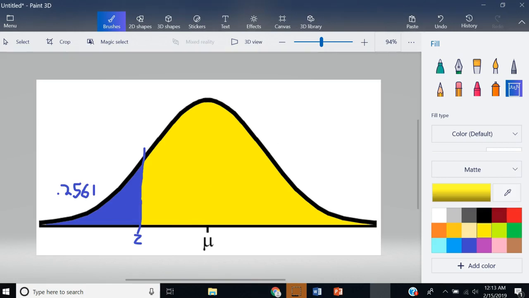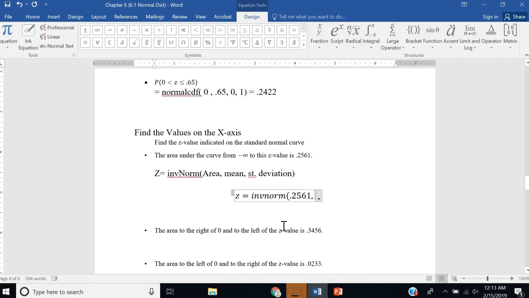So we have to be really careful on these problems which is the area that we plug in. And the area that we plug in is always the area from negative infinity up to the z-value that I'm looking for. So in my case, 0.2561. The mean is going to be 0. The standard deviation is going to be 1 because we're on the standard normal curve.